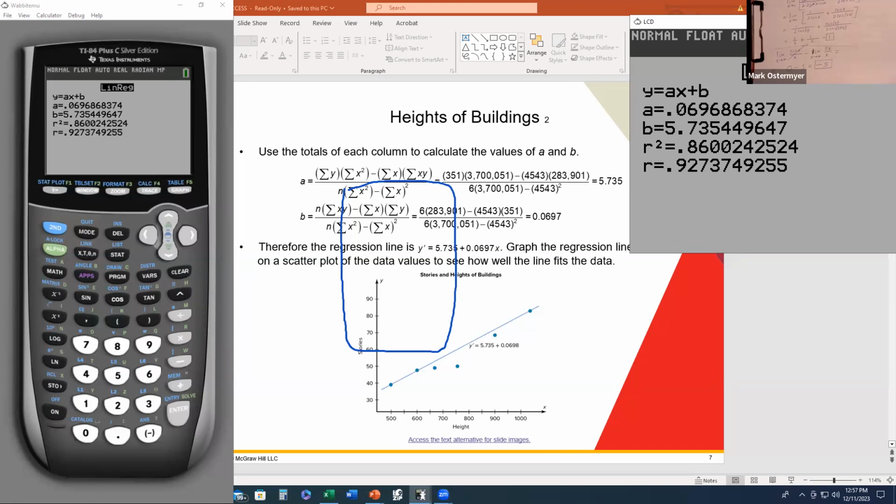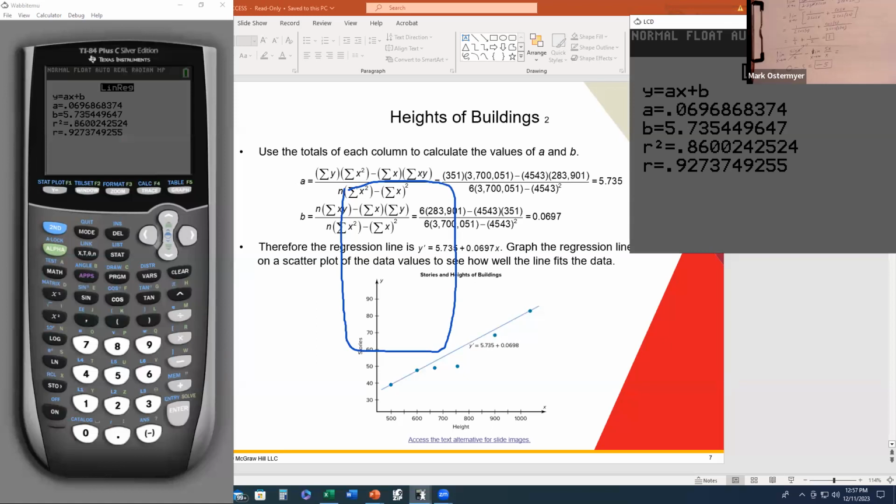Therefore, y prime is going to be equal to about 0.0697x plus 5.735. Notice the correlation coefficient is 0.927. That's the same as what they have on here. All righty. Any questions how we did that?